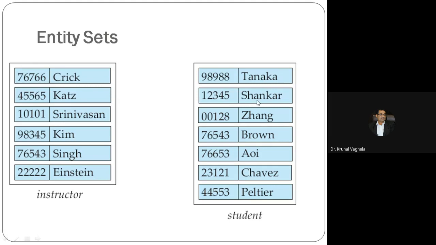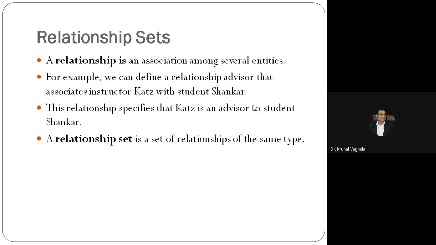In our language, mentor. There is a relationship between Katz and Shankar, right? Because Katz is the advisor of Shankar. These relationships specify that Katz is an advisor to the student Shankar.